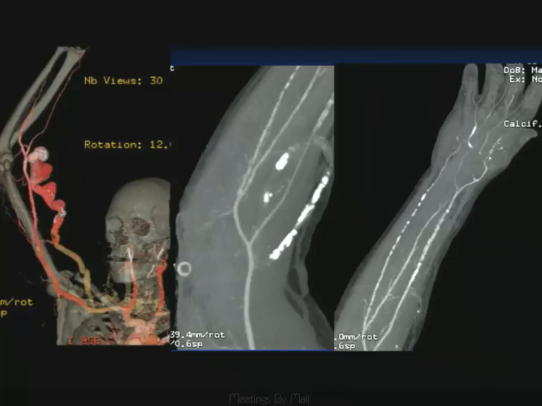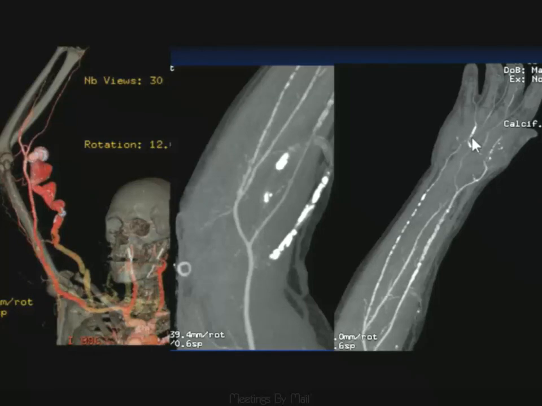This is a patient with a dialysis graft. And this patient's problem is an aneurysm on the venous side into that cephalic vein. This patient then has a cephalic vein draining into the subclavian vein. As far as the distal circulation is concerned, there's a fair amount of calcific atherosclerosis.